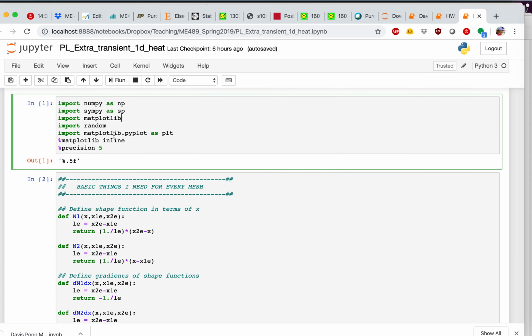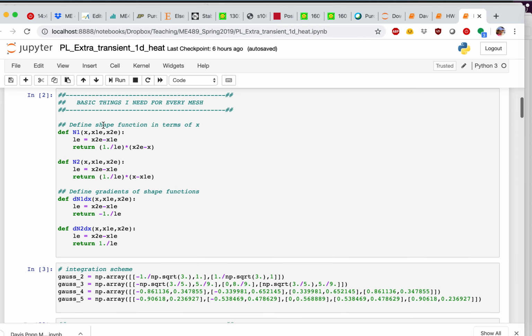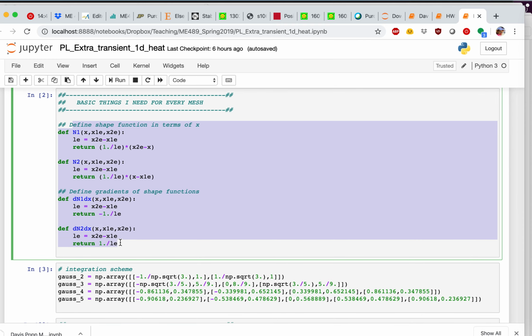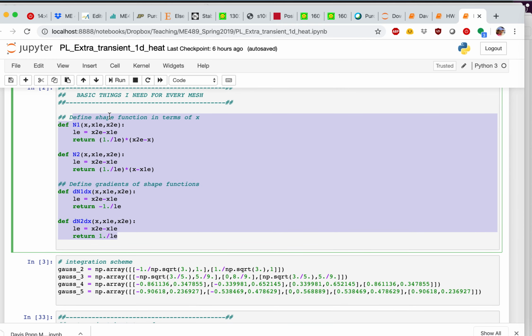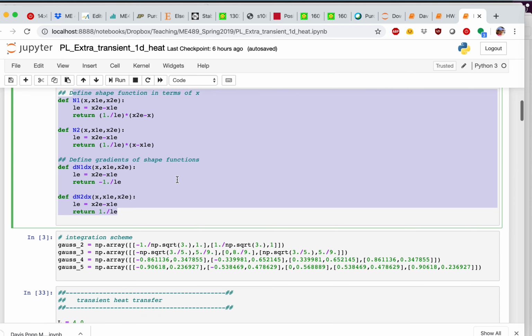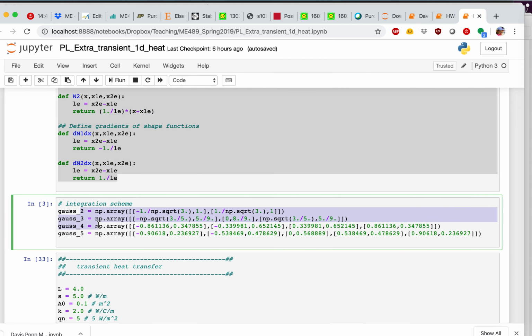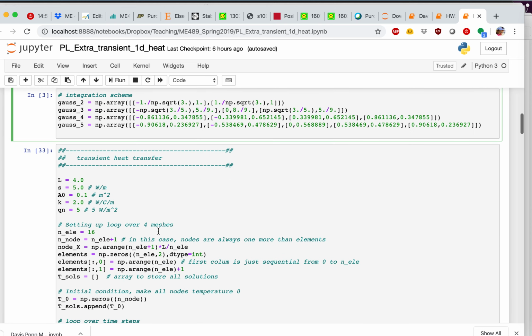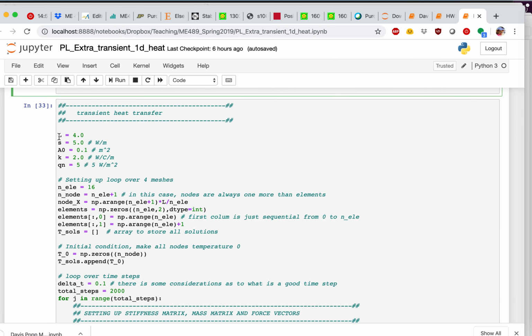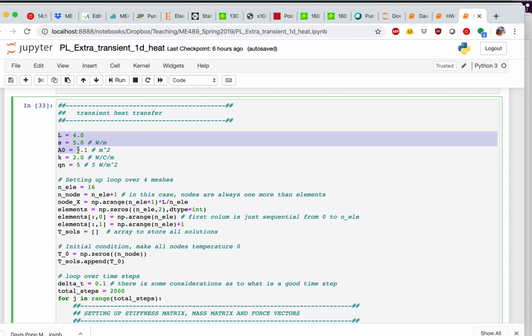So you can see the beginning is the same: shape functions same as before, linear element, shape functions and derivatives, Gauss points, so integration scheme. The definition of the problem is the same: length, source term, area, conductivity, flux. The mesh, I'm gonna use the 16 element mesh, and here I'm just creating the mesh.